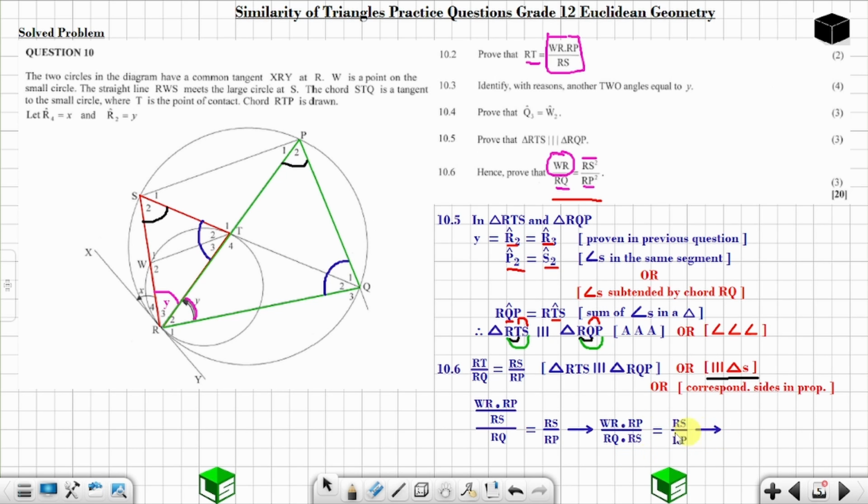So you are going to have WR over RQ equal to, you multiply by RS over RP, RS squared over RP squared. So you have proved. Can you see? And we are done with this question.